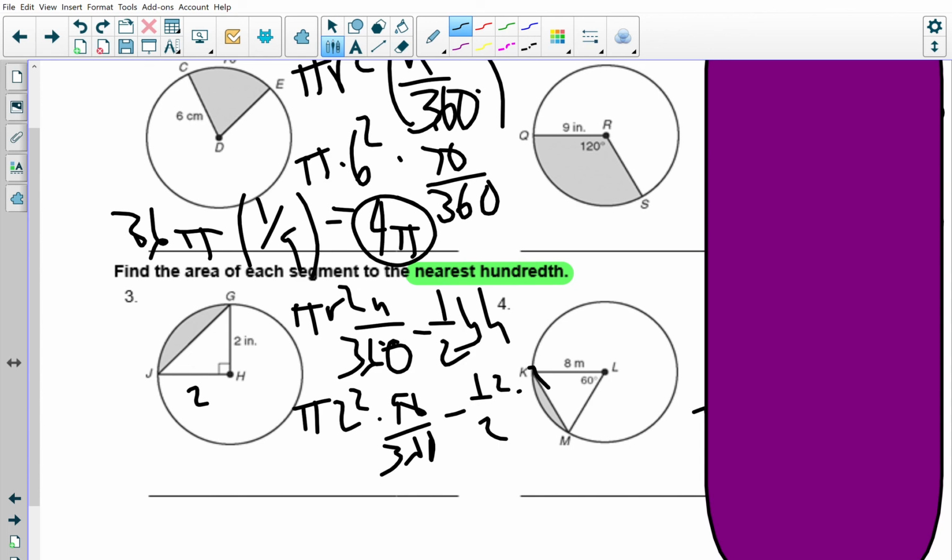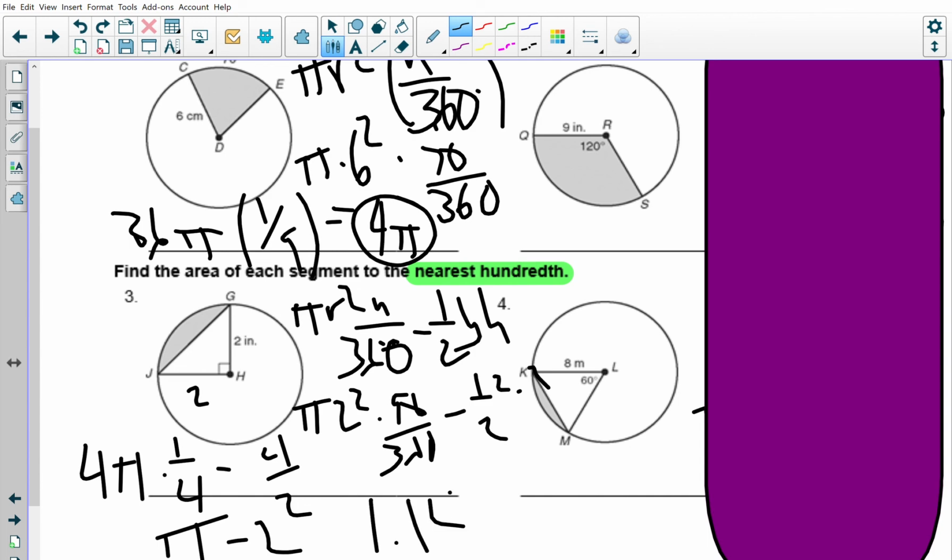Which in the end becomes 4 pi times 1/4 minus 4 over 2, which is pi minus 2, which is 3.14 minus 2, which is 1.14.